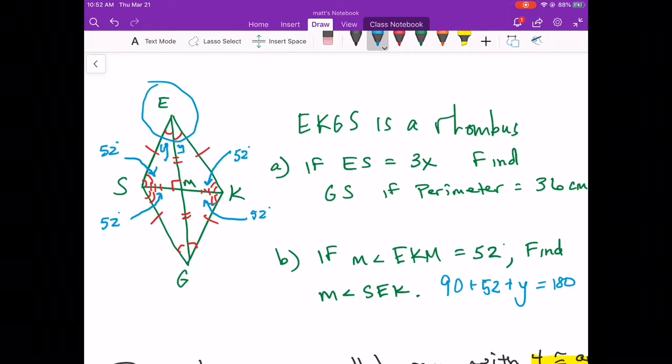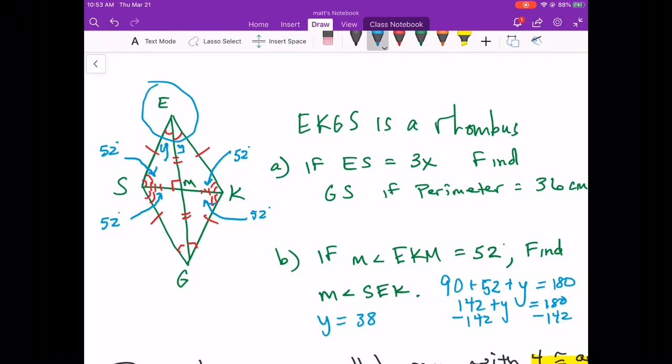All right, so let's do that. 90 and 52 is 142 plus Y equals 180. Subtract 142 from both sides in order to get my Y, and Y must be 38 degrees. So if Y is 38, that means both of these angles are 38 degrees. Well, 38 times 2 is what I'm going to need for the measure of angle SEK. So that is 76.